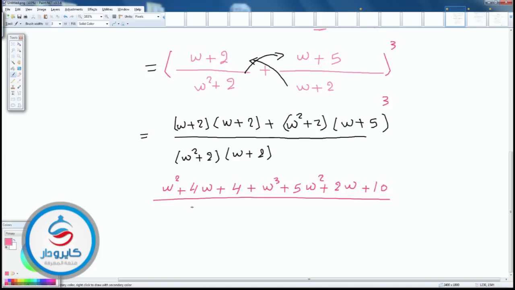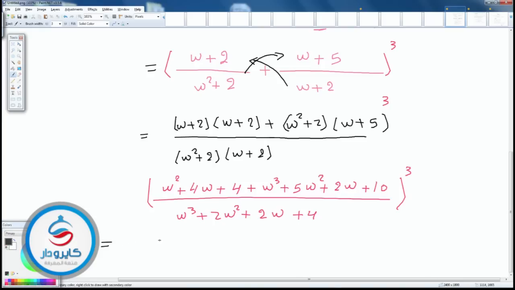Here we have omega power 3 plus 2 omega square plus 2 omega plus 4, all to the power of 3.